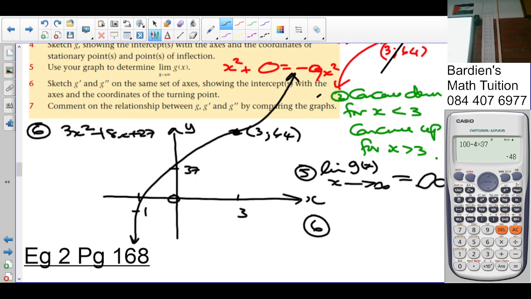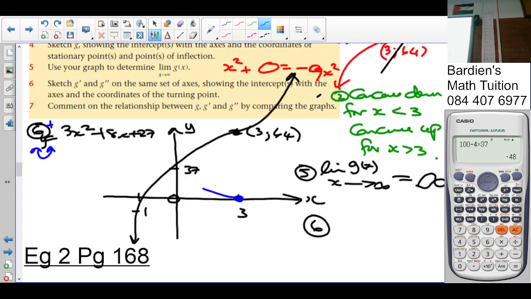So if this was the graph, y is equal to the derivative, and I must draw that graph. We know it's going to have a y-intercept of 27. Work out its x-intercept by letting y equal to 0. Firstly, that graph is smiling. Your x-intercept is 3, we work it out. And you've got the y-intercept of 27.